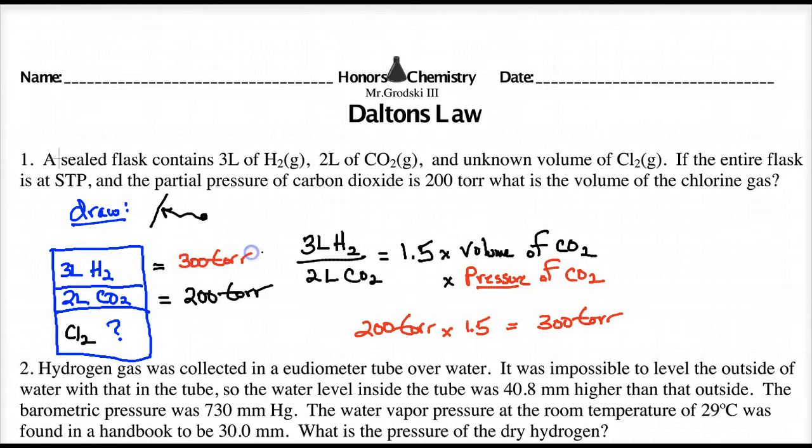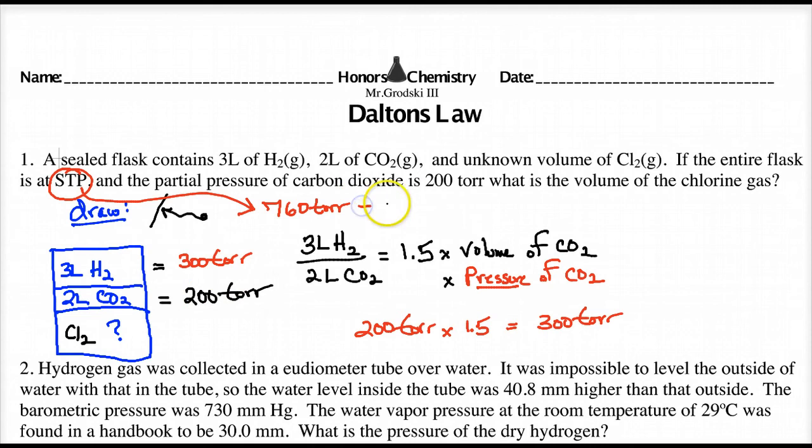Now you say, Mr. Grodsky, all right, how else do I do this? Well, I know that the entire flask is at STP conditions. Now STP standard pressure is 760 torr. It's something we should know already. Same thing as millimeters of mercury. So I know that 300 plus 200 is 500.